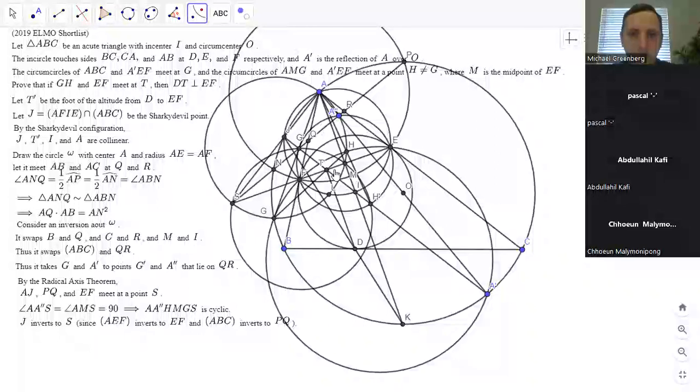So let's see. T prime lies on EF. I want to show it inverts to L. The line EF inverts to the circle AEF, and this line inverts to this circle, I believe.